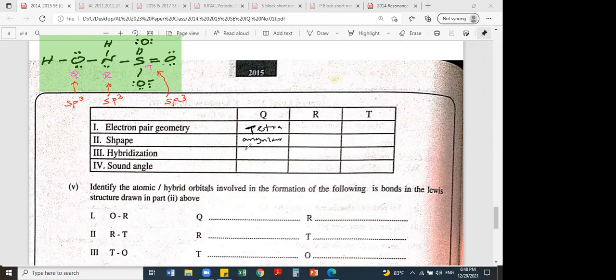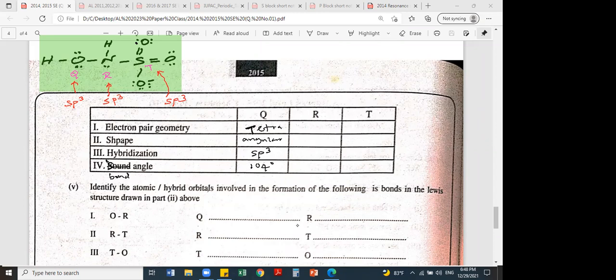Then the hybridization of Q will be sp3. Sorry, it should be bond angle, BOND. What is the bond angle here? If you write 104.5, perfectly correct. If you write even 104 degrees, accepted. Between 103 and 105, they have accepted.